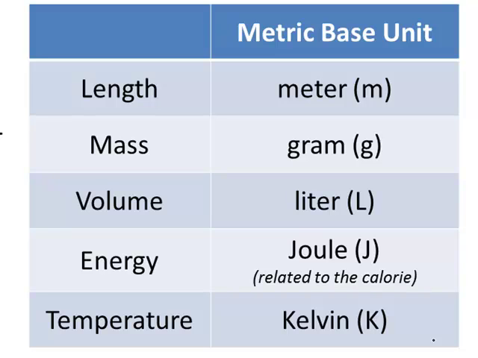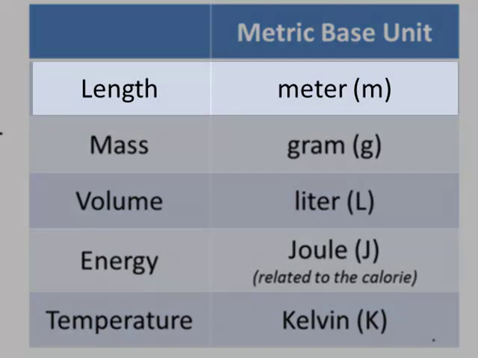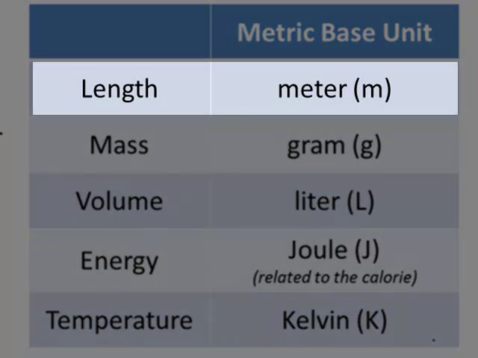There's a variety of different metric base units, and it's important to know what they're used to measure as well as how to correctly abbreviate them when labeling your values. We've just discussed that the metric unit for length is the meter, which is abbreviated with a lowercase m. So I can have centimeters, meters, kilometers, or as we'll see in a few minutes, a variety of other prefixes attached to the meter as a base unit.